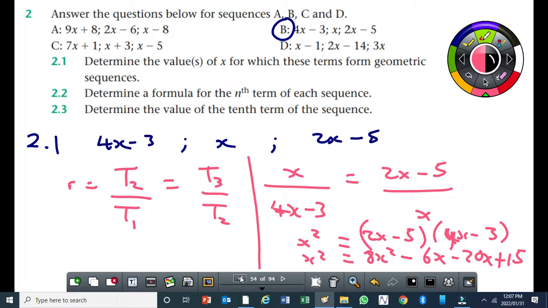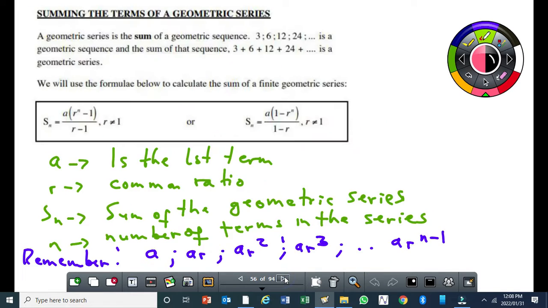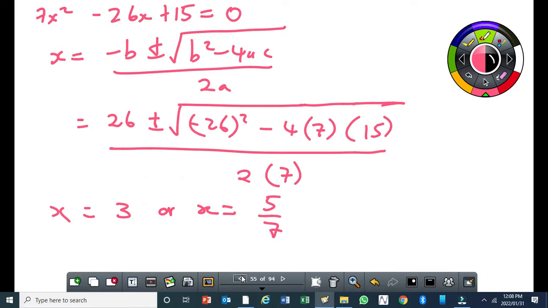Because we have two x values means we are supposed to get two sequences. So let's substitute both of them. I'll start with x equal to 3, then I'll do x equal to 5 over 7.